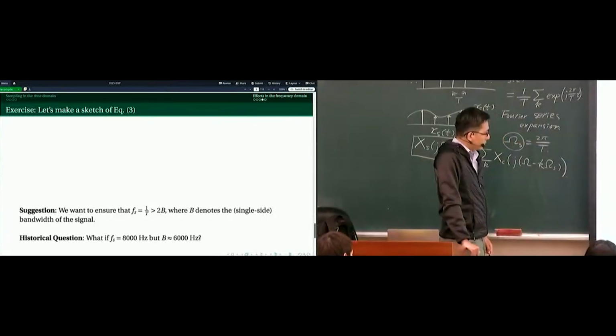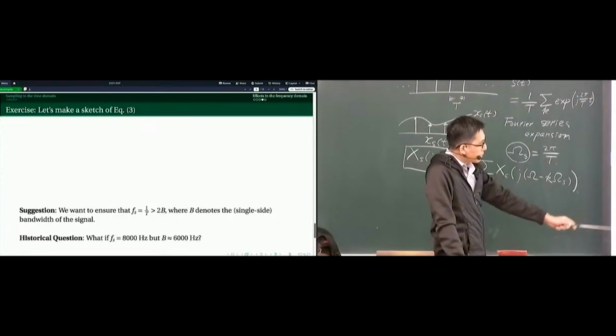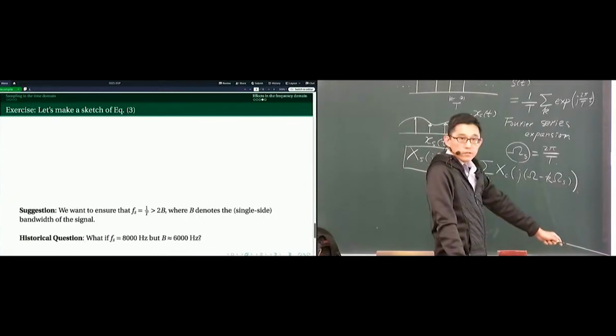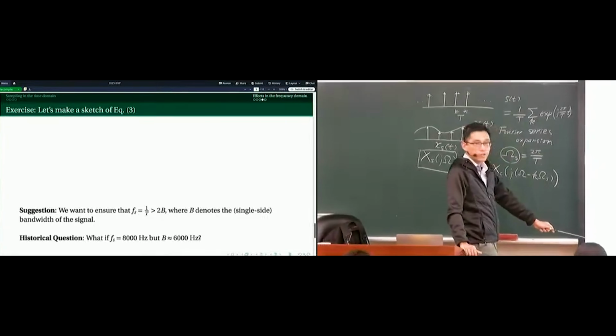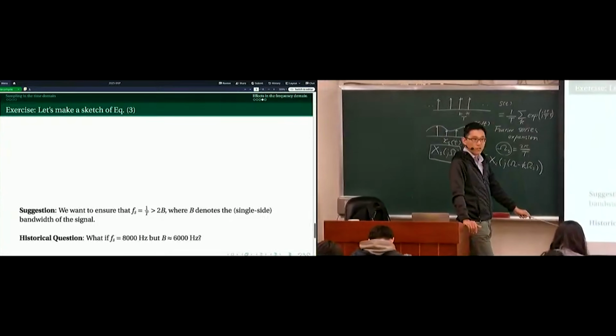So that being said, we want to ensure that the sampling rate is greater than 2 times the bandwidth. And here comes a historical question. This really has happened in history, or is still happening.